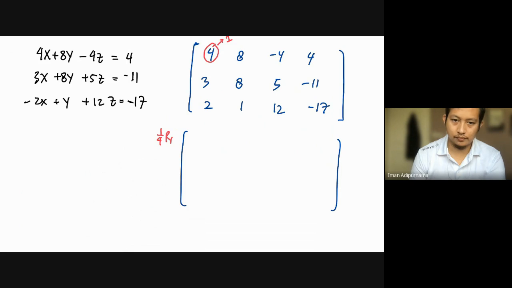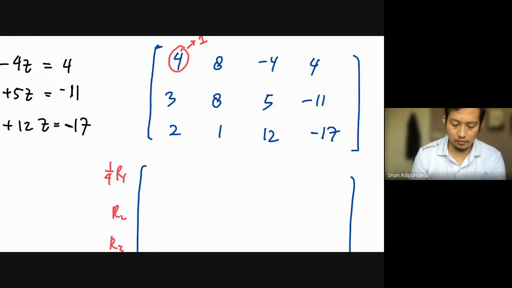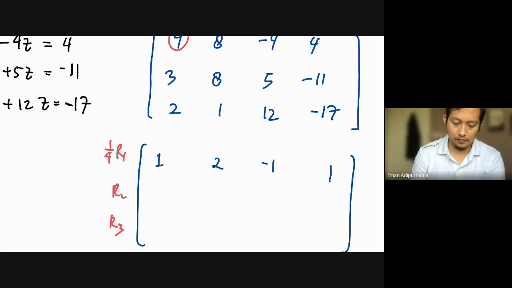And the rest will be the same. Let's start slowly. So 1, 4 divided by 4, 1, 2, 1, 3, 8, 5, 11.